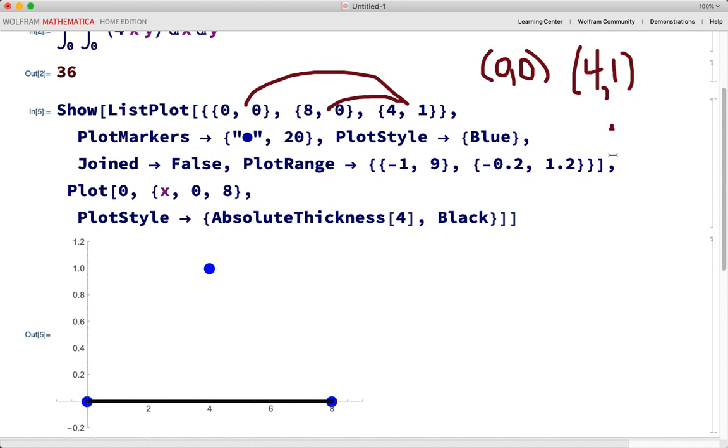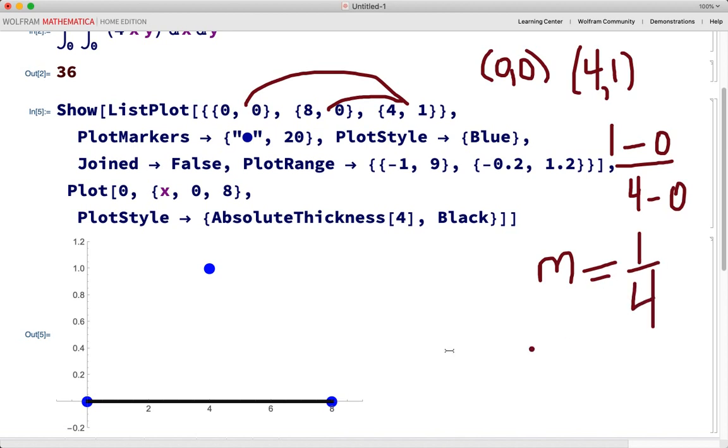we have 1 minus 0 divided by 4 minus 0, which gives us a slope of 1/4. So y is equal to 1/4 x plus b.